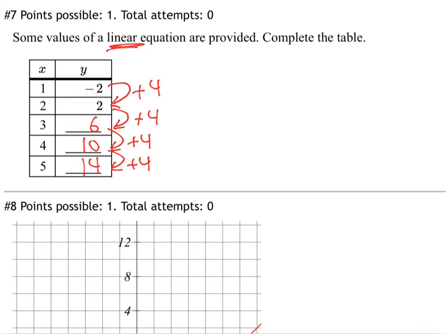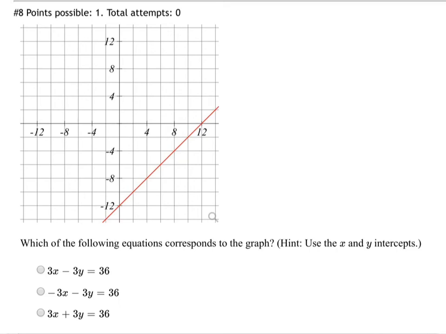Good. Let's see, where are we at? Number 8. Which of the following equations work for that graph? Yeah, good question. Which of those is really right? Okay. So what would be the easiest way of figuring that out?